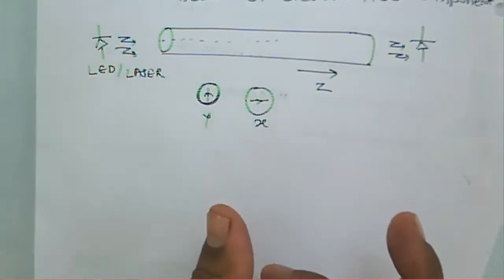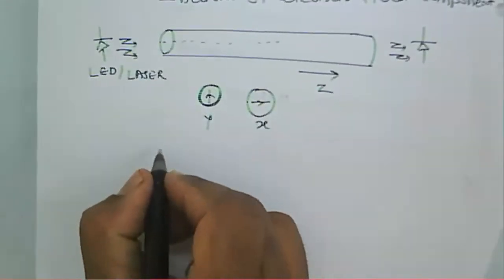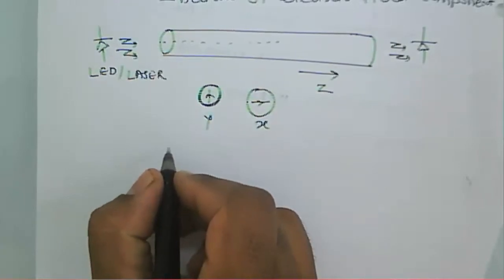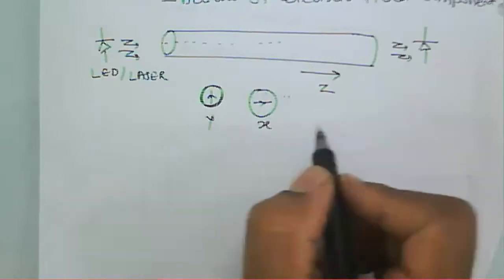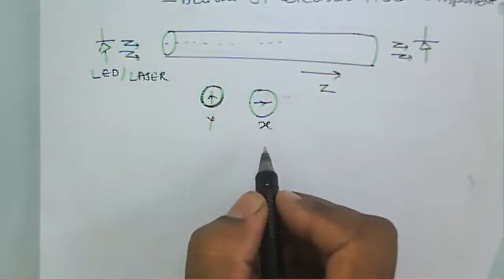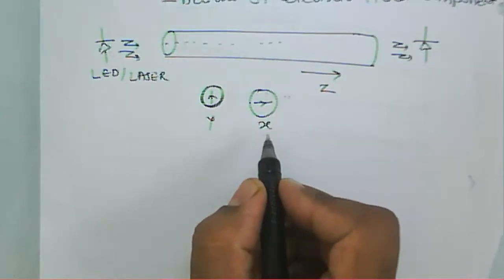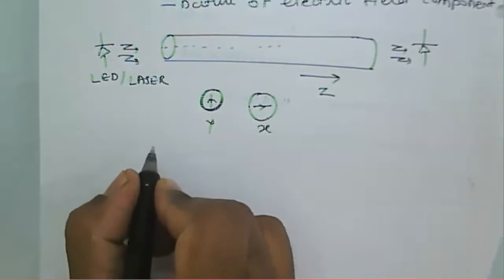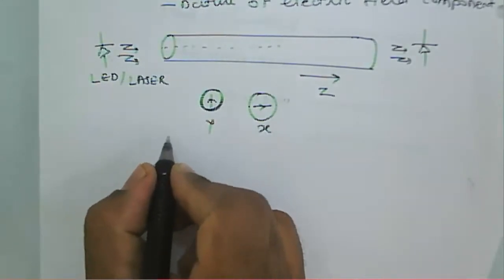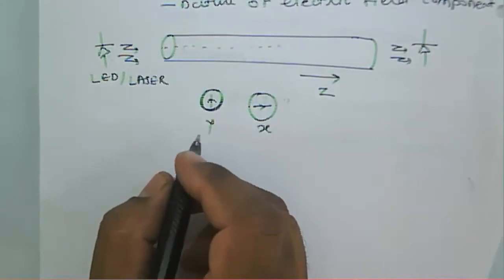Because of the changes in the polarization in the fiber, which depends upon the rays propagating in the direction of y and in the direction of x, inside a particular fiber we can define the polarization with respect to the modal birefringence.